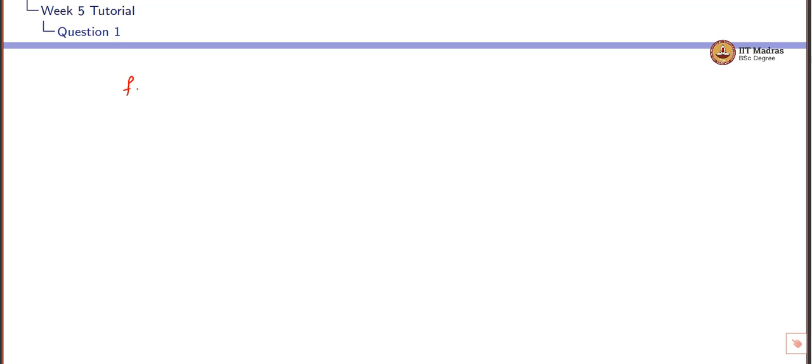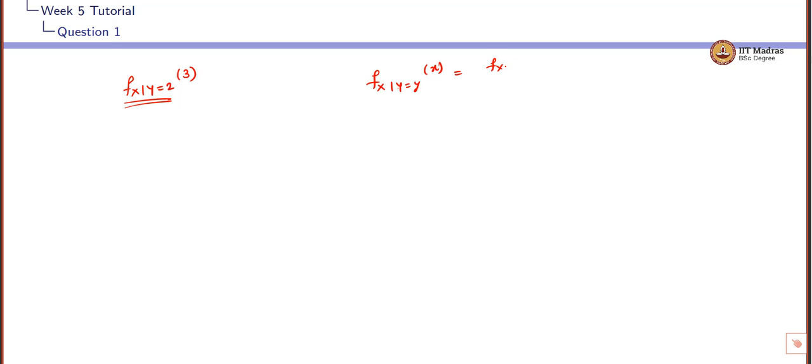So we have to find the value of fx given y equals to 2 of 3. So how can we find this value? We know that fx given y equals to small y of x, we can write in terms of conditional probability here.